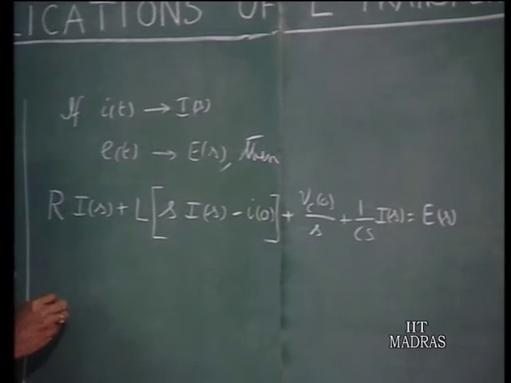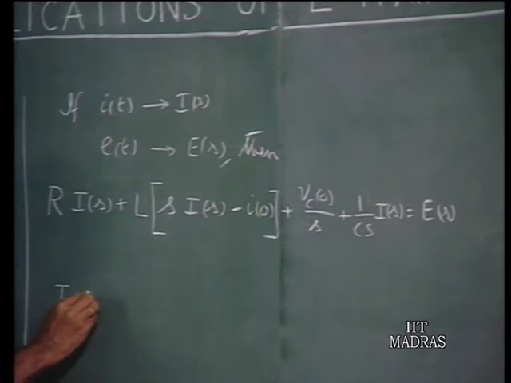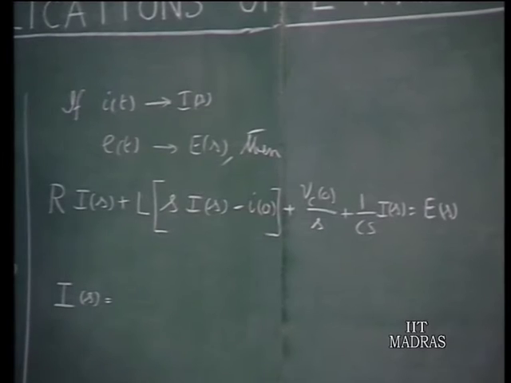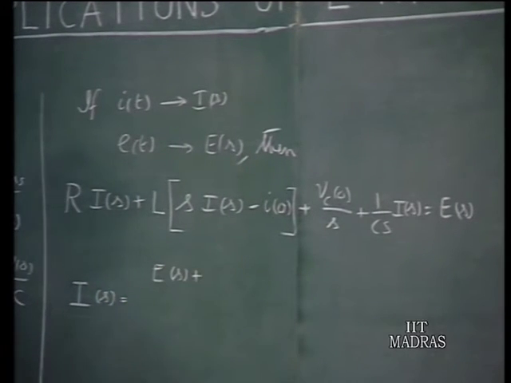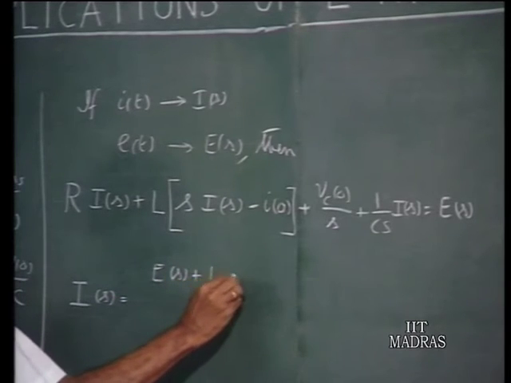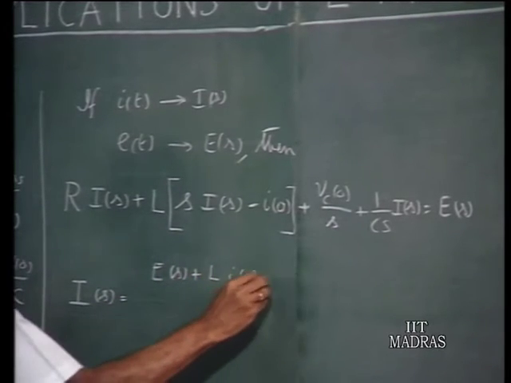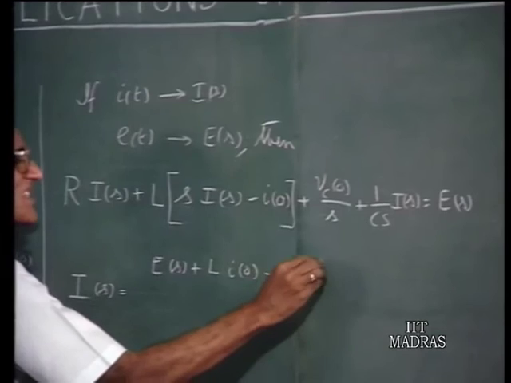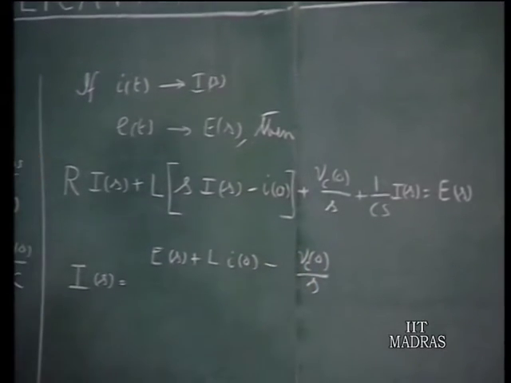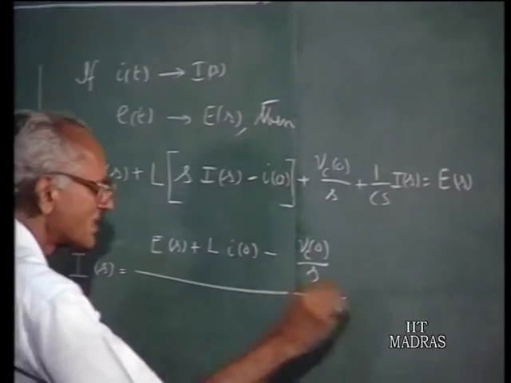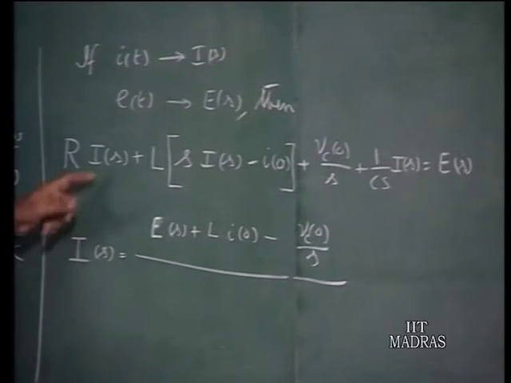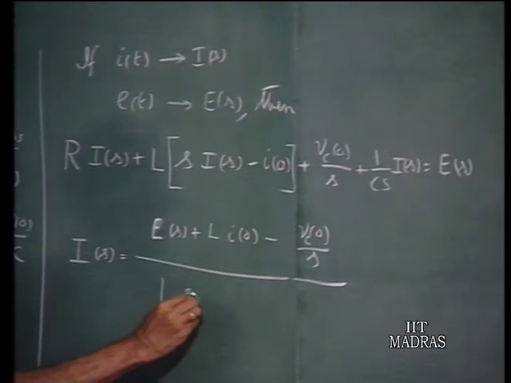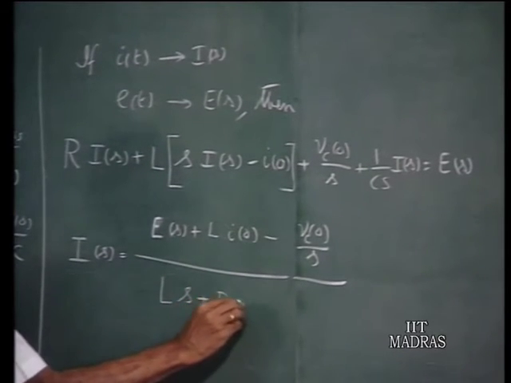So I can write this as I of s equals E of s, the Laplace transform of the source function, plus L I0 minus Vc0 over s, divided by the coefficient of I of s on the left hand side, which is Ls plus R plus 1 over Cs.